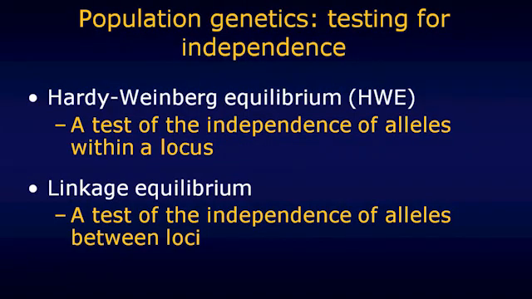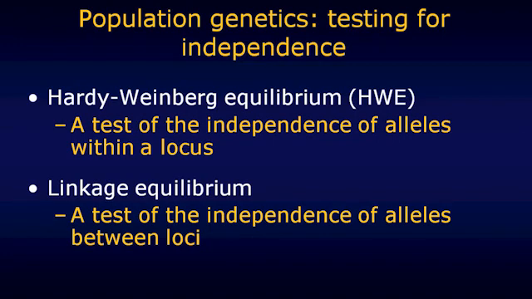Well, we're starting to stray into a realm here of a discipline known as population genetics. It's population genetics that we can turn to help us answer that question: are these alleles independent of each other or are they not? And within population genetics, there are actually two specific tests that can be applied to answer those questions. To answer the question of independence within loci, population geneticists will turn to what's known as Hardy-Weinberg equilibrium. And Hardy-Weinberg equilibrium is actually the cornerstone of all of population genetics.